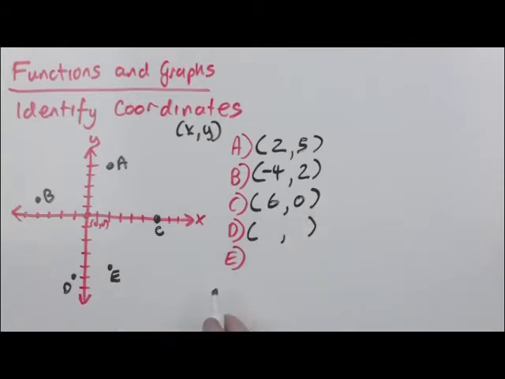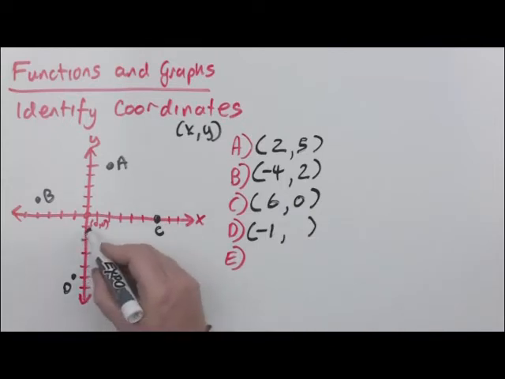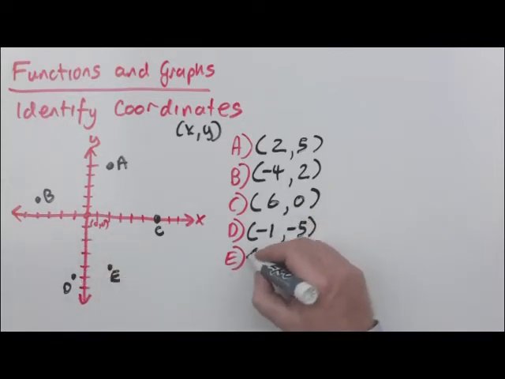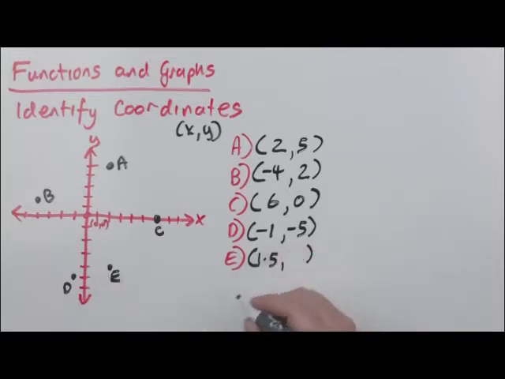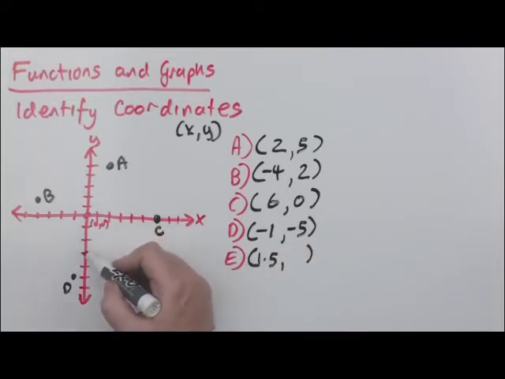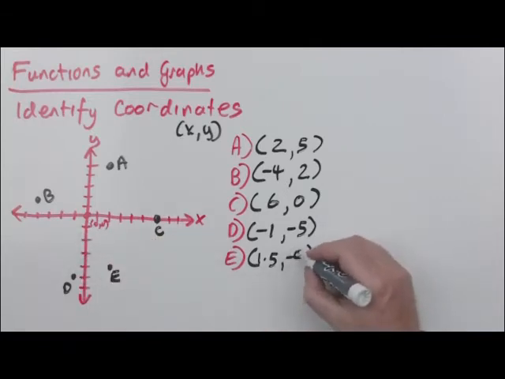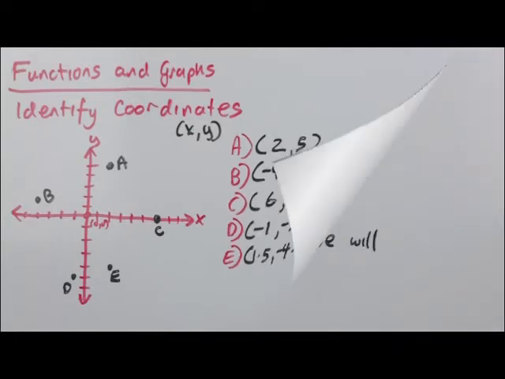D goes back 1 in the x, and it goes down 5 in the y. And E goes 1.5 in the x, and 1, 2, 3, -4 in the y. Great.